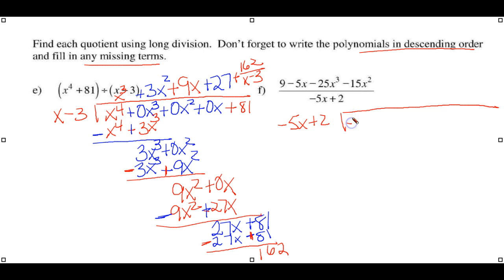So it's a negative 25x to the third. Then this one, negative 15x squared. Negative 5x, and then a positive 9. So again, it's critical. There are no missing places, but we have them in descending order of our degree.